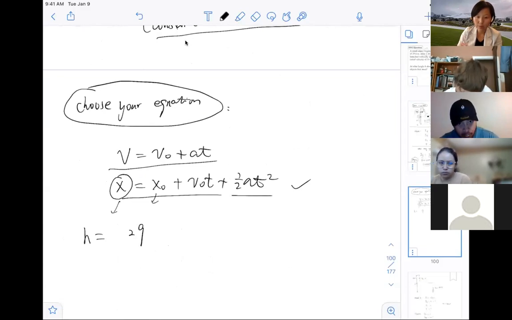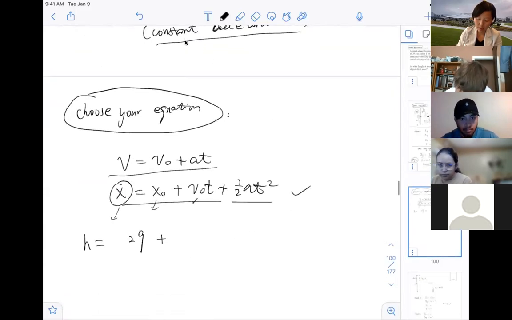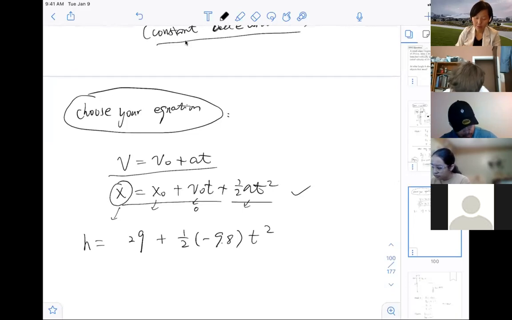If they're all kept with the same unit, you can just leave out the unit for now. Initial velocity is 0. I'm going to plug in 0 here. You can see that becomes 0. So I'm not going to need to write this term. And this is my last term. So it's 1/2 times 9.8 times negative t squared. Okay, that's the first object.